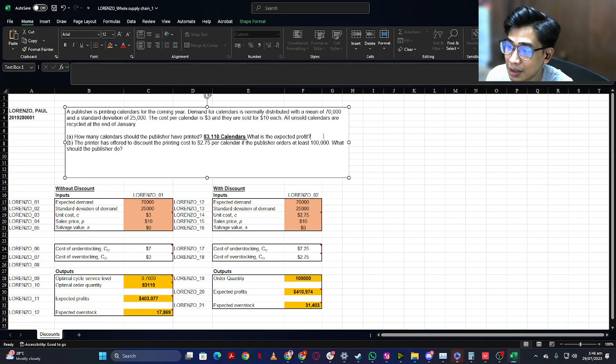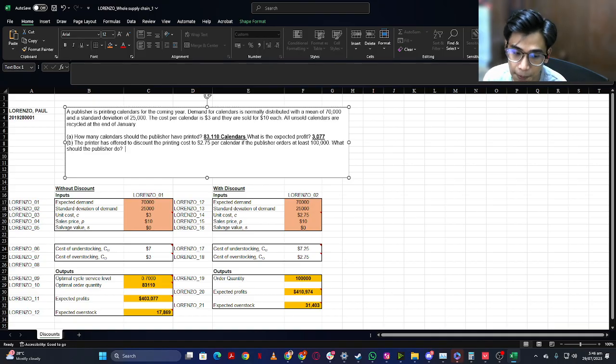And the expected profit is 3,777. If you were to read this aloud and answer it properly, the publisher should print 83,110 calendars, balancing the risk of understocking and overstocking. And the expected profit in this case is 3,700.